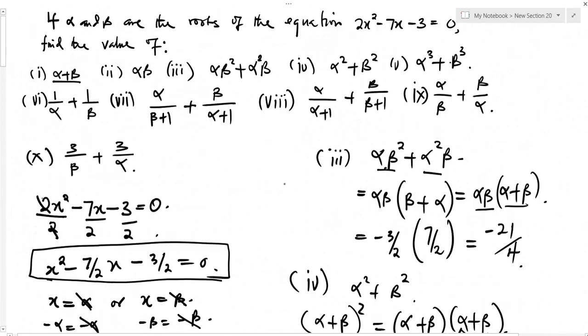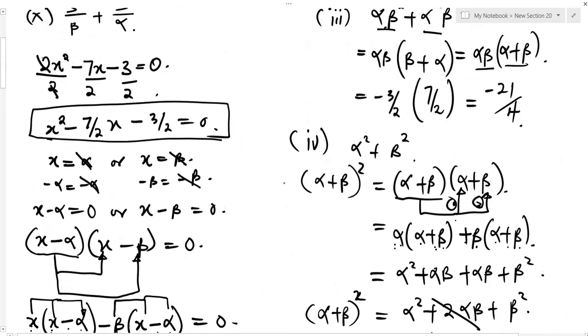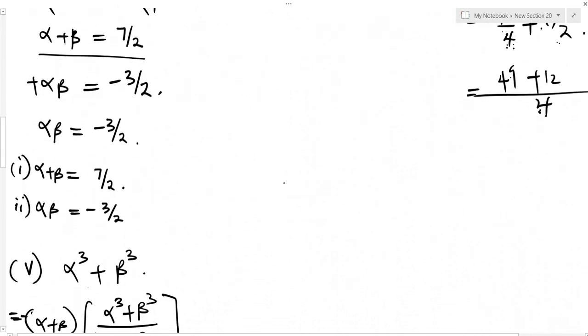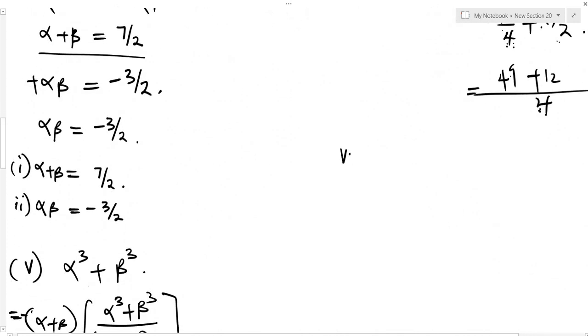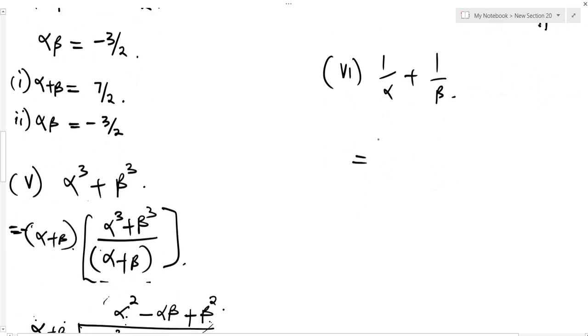Now the next one is number 6. You have VI, which is 1 all over alpha plus 1 all over beta. That is the inverse of alpha plus the inverse of beta. So let's see what is the answer. So the LCM of alpha and beta is alpha beta.